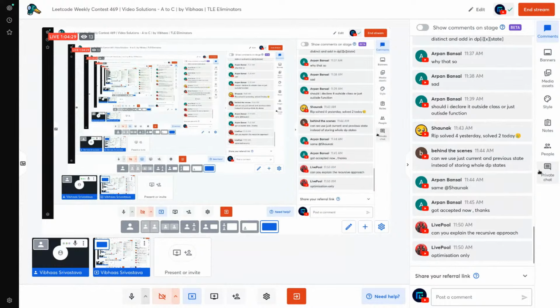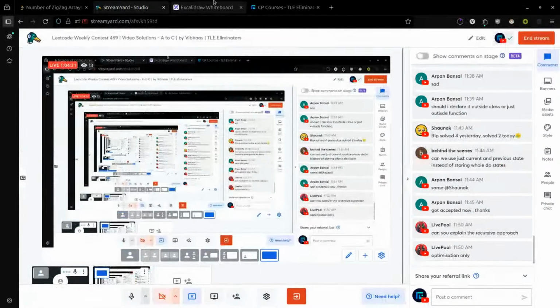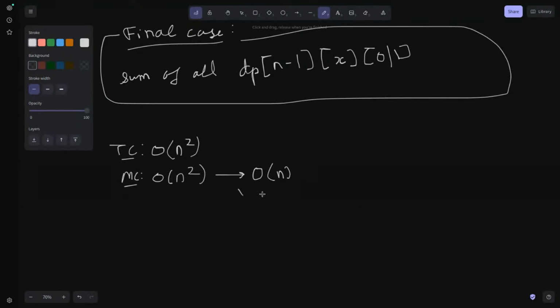Instead of storing the whole DP table, you store only the current, which is i, and your previous, which is i minus 1.